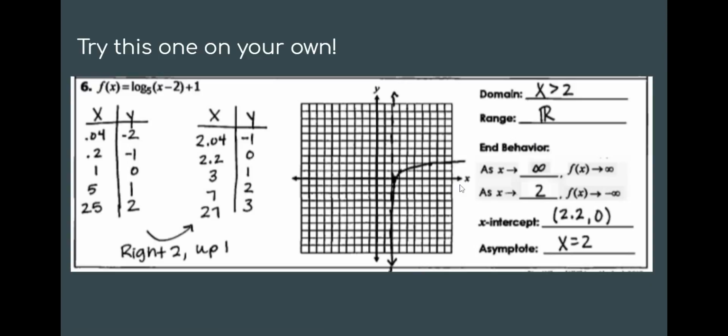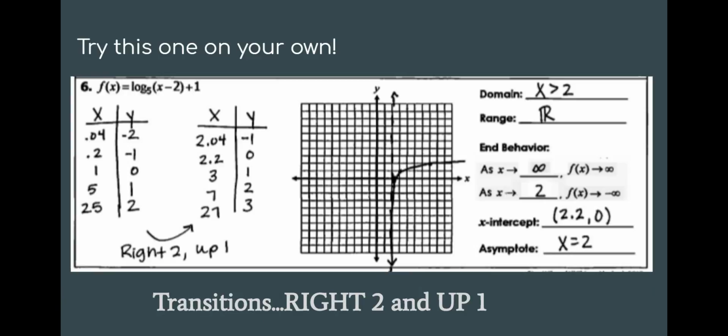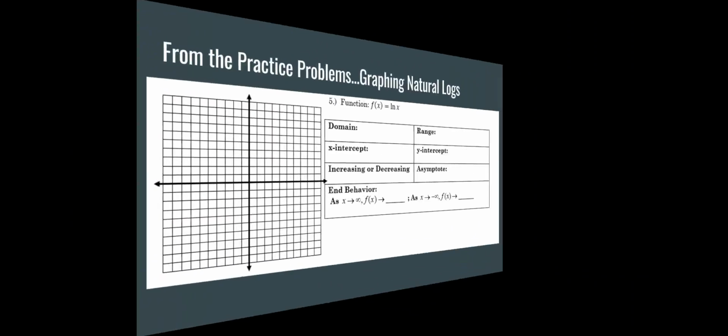The range, again, is all real numbers. Hope you're sensing a theme here. And the domain is every x value greater than 2. Okay, so the domain and the asymptote, they have some very related information there. Okay, hopefully you're picking up on some trends. So this translation, again, is to the right by 2 and up by 1.